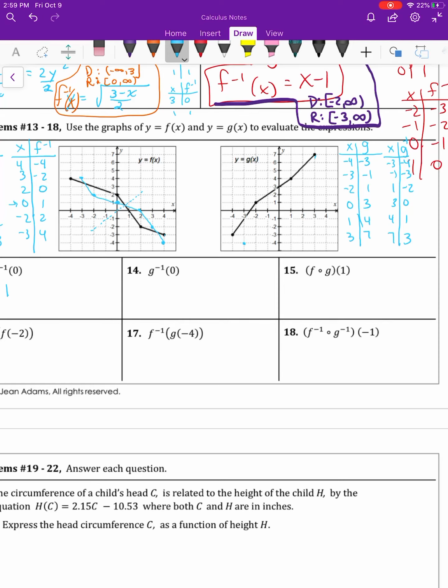Negative 3, negative 4, negative 1, negative 3, 1, negative 2, 3, 0, 4, 1, and this one's 5, 6, 7. This one's off the page. 7, 3, about right there.